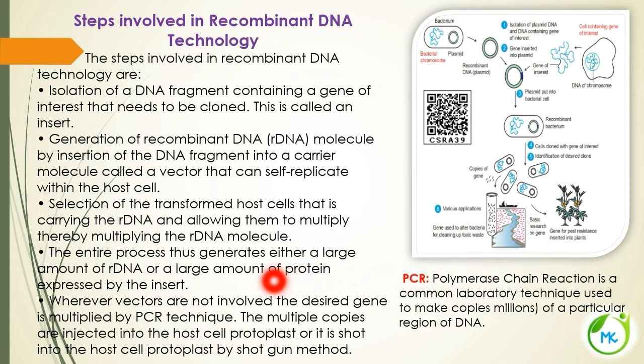So whenever we are not going to use vectors, after selecting the desired gene, we can multiply the gene by using this PCR technique, polymerase chain reaction. And then the multiple copies are injected into the host cell protoplast, or it is shot into the host cell protoplast by shotgun method.